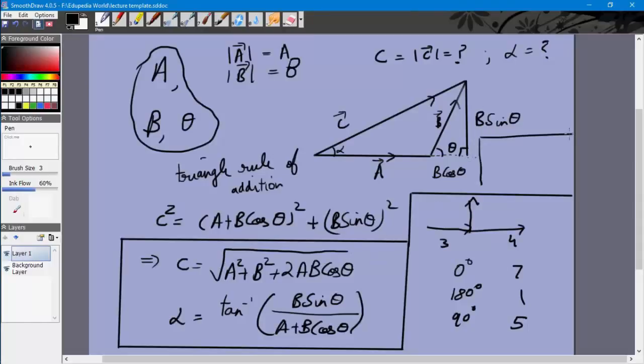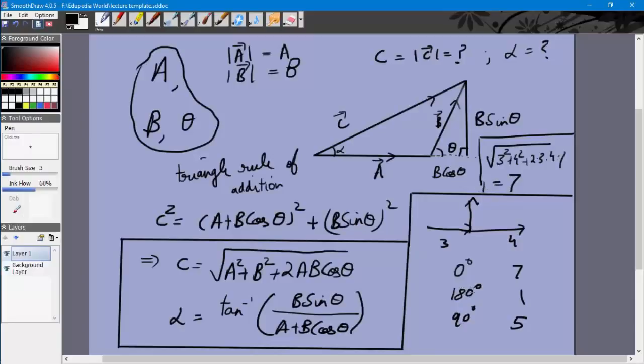Right. If we have two vectors, the first has a magnitude of 3 and the other has a magnitude of 4, and they have an angle of 0 degrees between them, the sum will be root of 3 square plus 4 square plus 2 into 3 into 4 into cos of 0, which is 1. So into 1, which gives me root of 25 plus 24, which is root 49, which is 7.